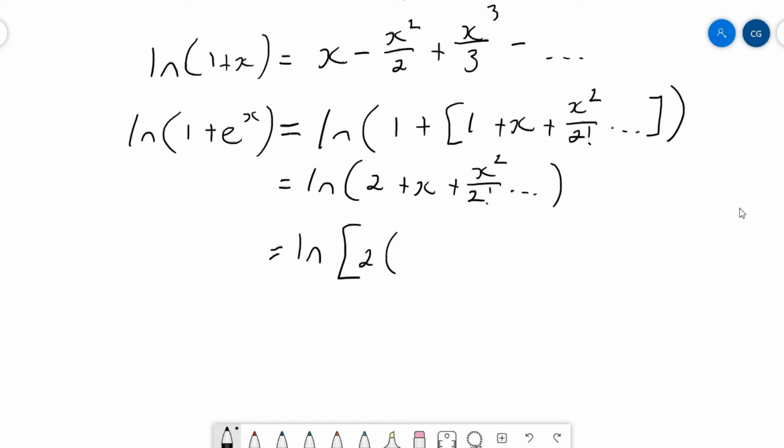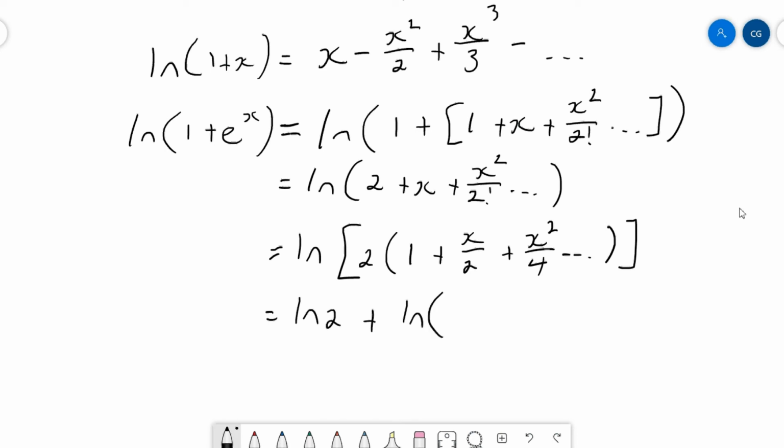Now, if I factor out a 2 here, this will become 1 plus x over 2 plus x squared over 4, etc. And when we have this, a natural log, so remember with logarithms, if I multiply something, I can say this becomes natural log of 2 plus natural log of the remainder with the addition law. So 1 plus x over 2 plus x squared over 4, etc.